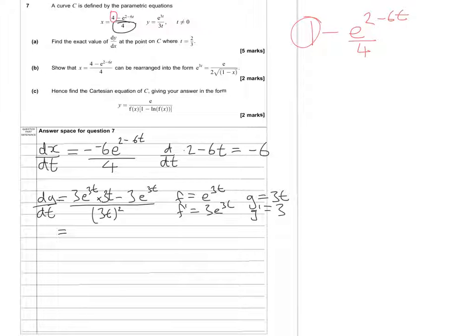Simplifying that, I get 9t e to the 3t minus 3e to the 3t over 9t squared. I can cancel out a common factor of 3, so I get 3t e to the 3t minus e to the 3t over 3t squared.